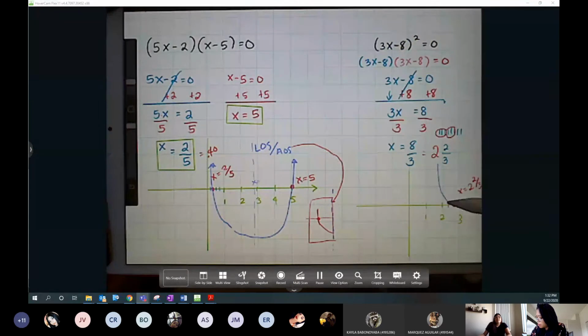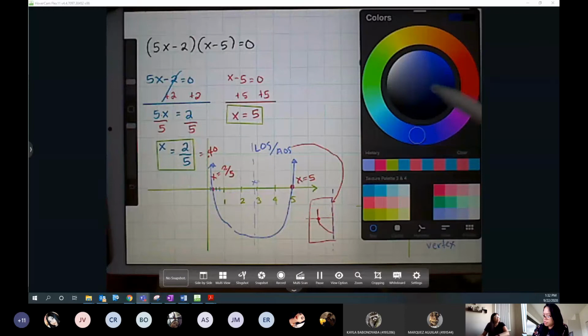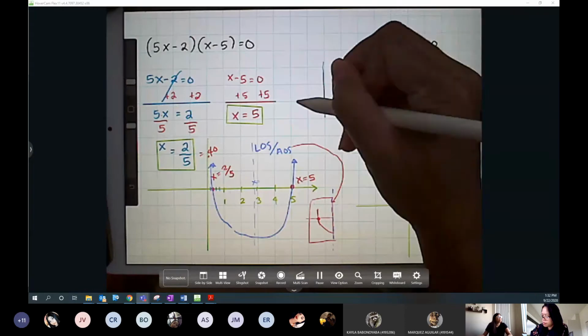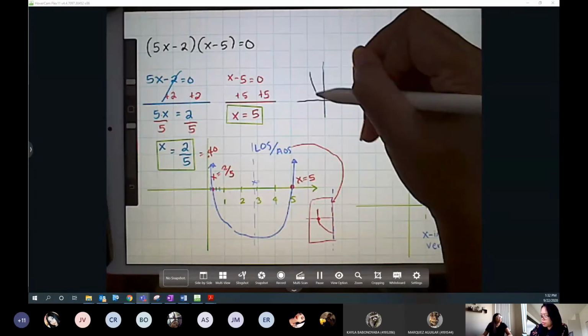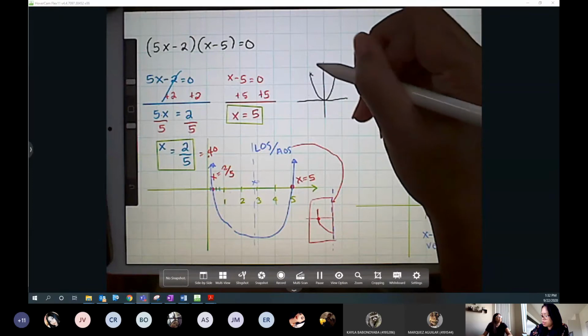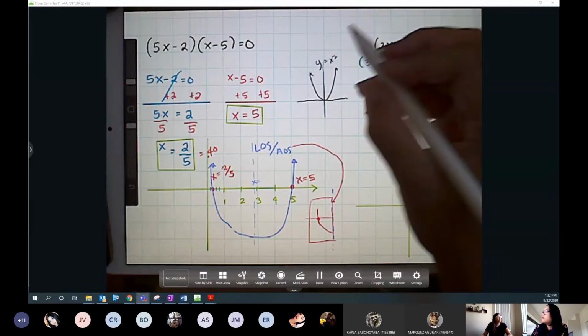Therefore, we're just going to have a parabola that's sitting on the x-axis. So you have the x-intercept. You also have the vertex, all at the same space. But it's not going to be the same as the parent function, y is equal to x squared.